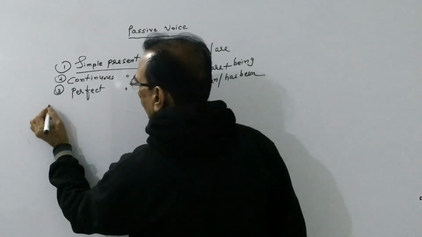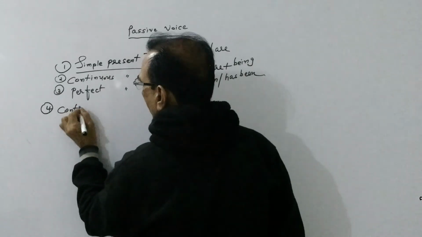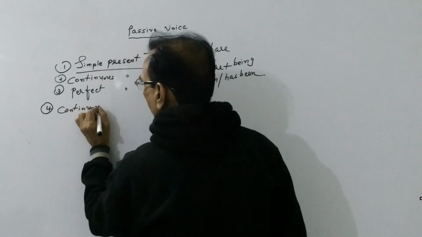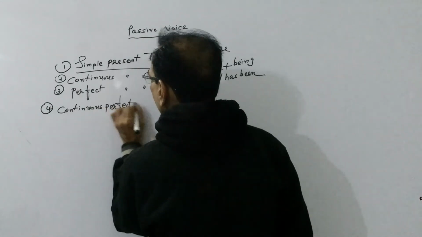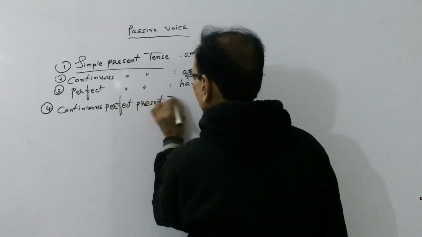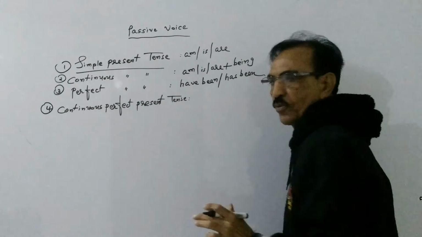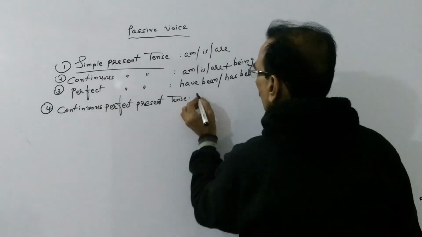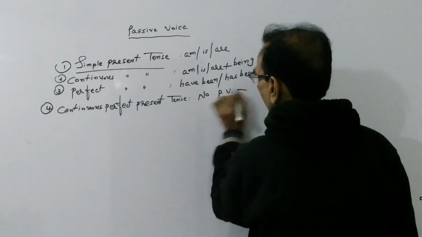Now fourth one, present perfect continuous tense. You take a note of this particular tense because this tense is always used or written in the active voice. So for this, no passive voice.